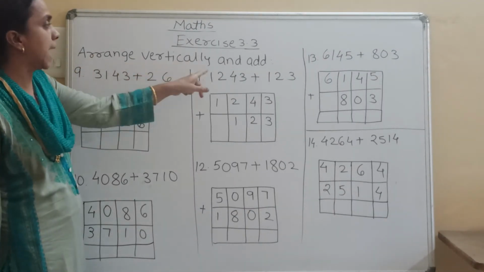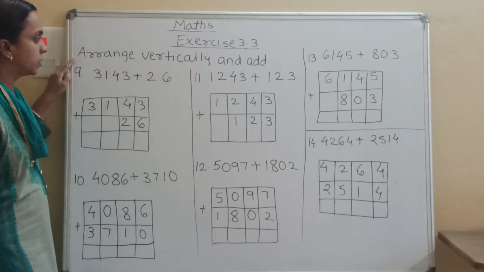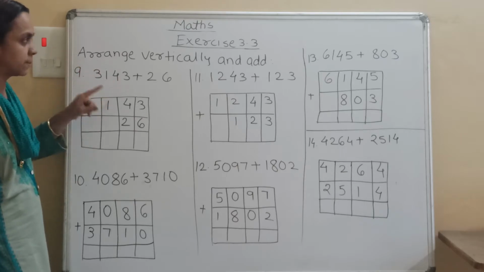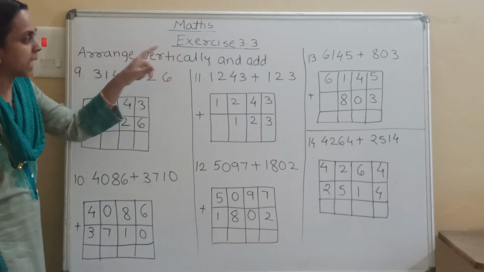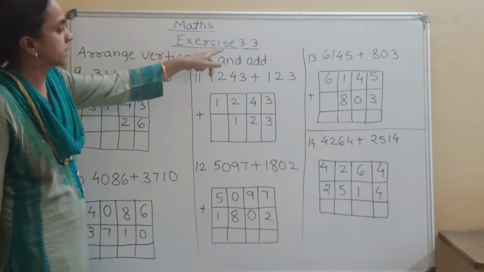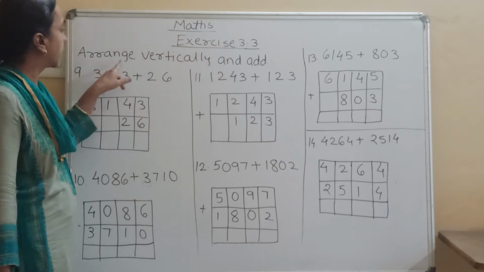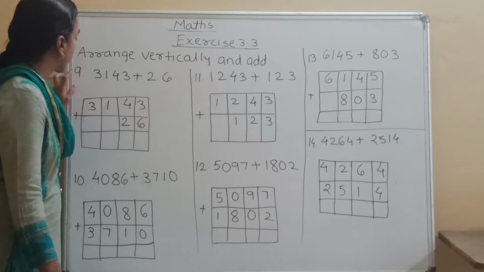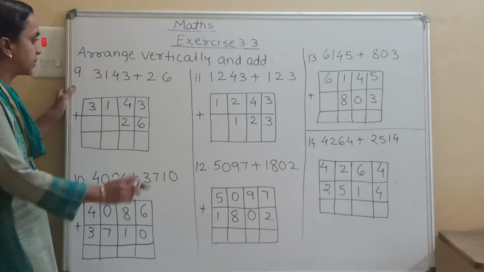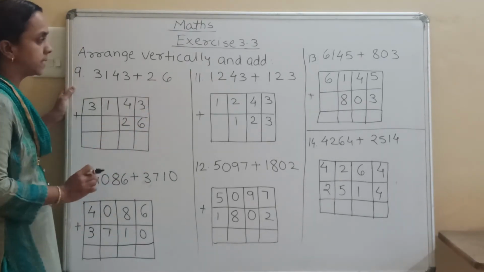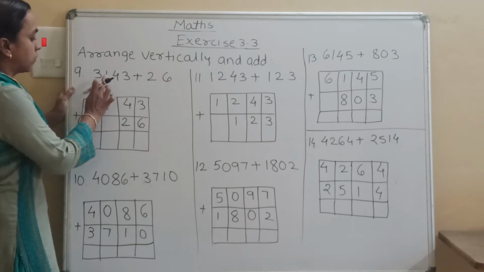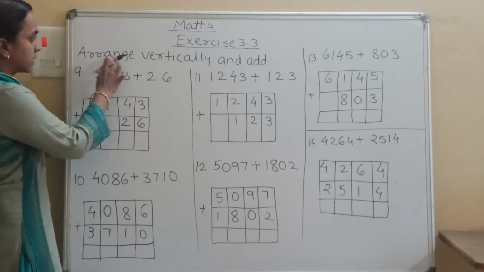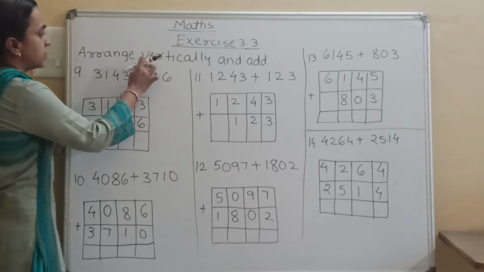Arrange vertically and add. So in your notebook you write down this question. First you write down chapter number 3 addition. Then you write down exercise 3.3. Then write down this question, arrange vertically and add. Now ninth question. So first you write down like this in your notebook, 3143 plus 26. Then what is given in the question? Arrange vertically.